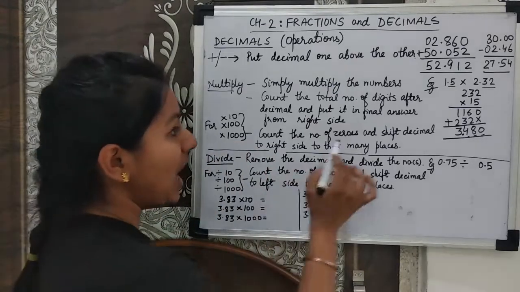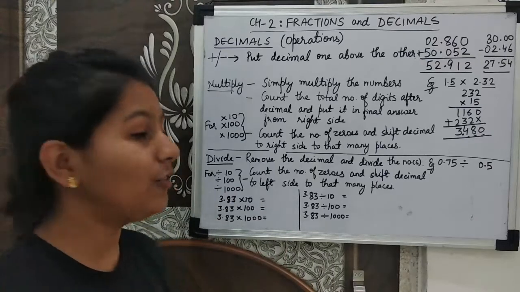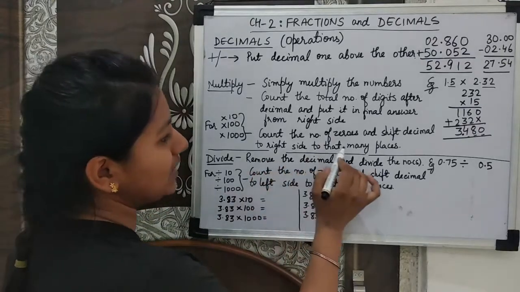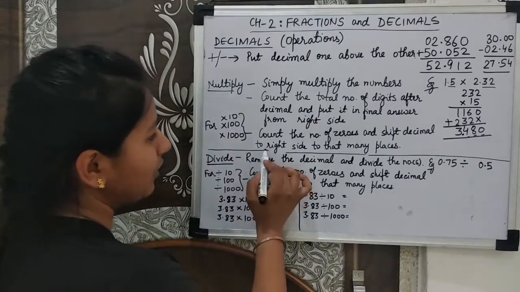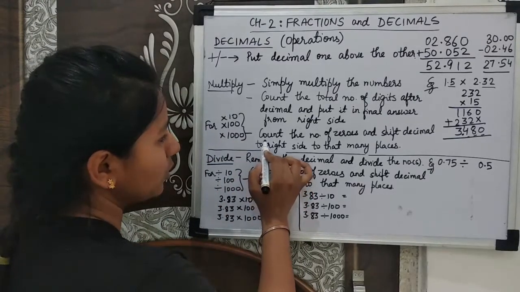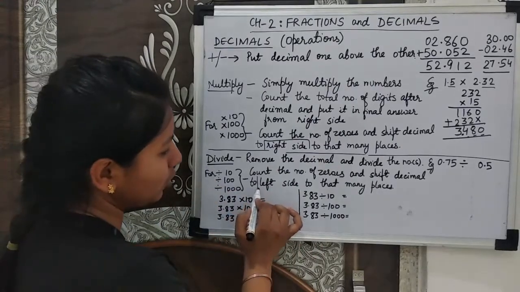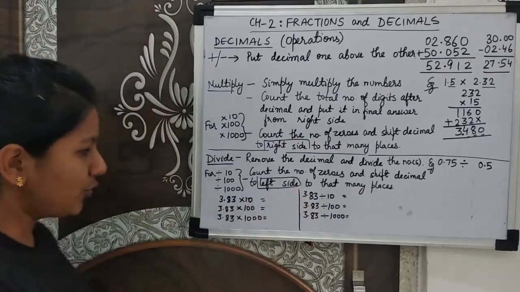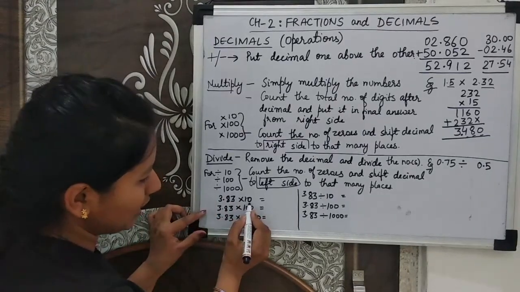Whatever zeros are, and shift the decimal. Now here we are shifting the decimal to the right side by that many places. If it's multiply, we have to shift it to the right side. If it's divide, we shift it to the left side. So first we will see this easy calculation which I have written. Here only 1 zero.